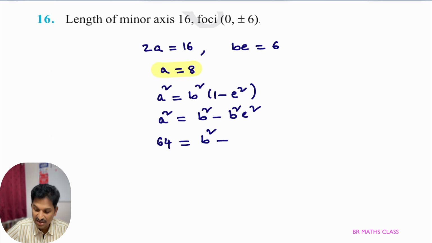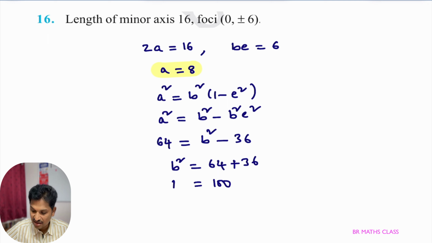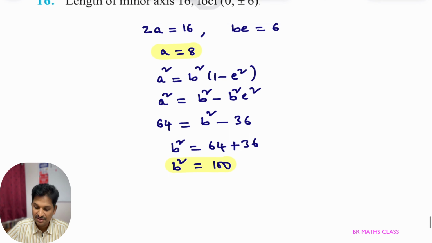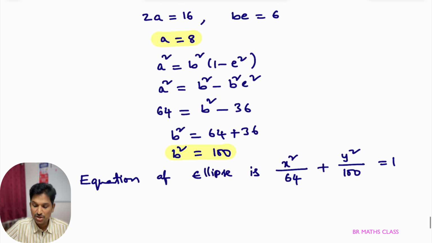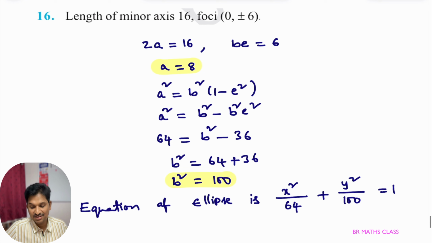B square e square is 36. Okay. From this, what is b square? B square is 64 plus 36, that is 100. Now you know a value as well as b value. So now you can write equation of ellipse. Equation of ellipse is x square divided by a square, a square is 64, plus y square divided by b square is 100, equal to 1. This is the equation of ellipse when length of minor axis is 16 and foci is 0, plus or minus 6.